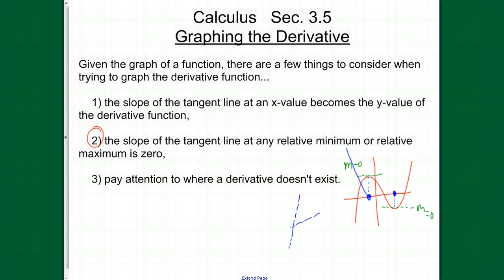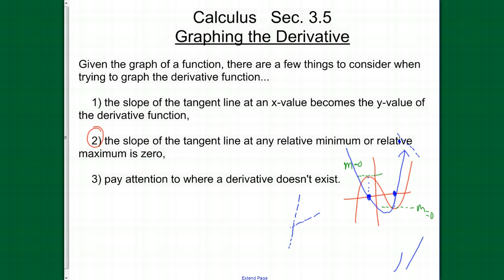As we move past this point here, the relative minimum, our slope of the tangent line turns negative. It's not very negative, it's a little bit negative, but it's in the negative region. So the slope of the tangent line becomes the y values for the derivative function. But eventually, that slope of the tangent line goes back up to 0 here, and in all these spots, the tangent line has a positive slope.